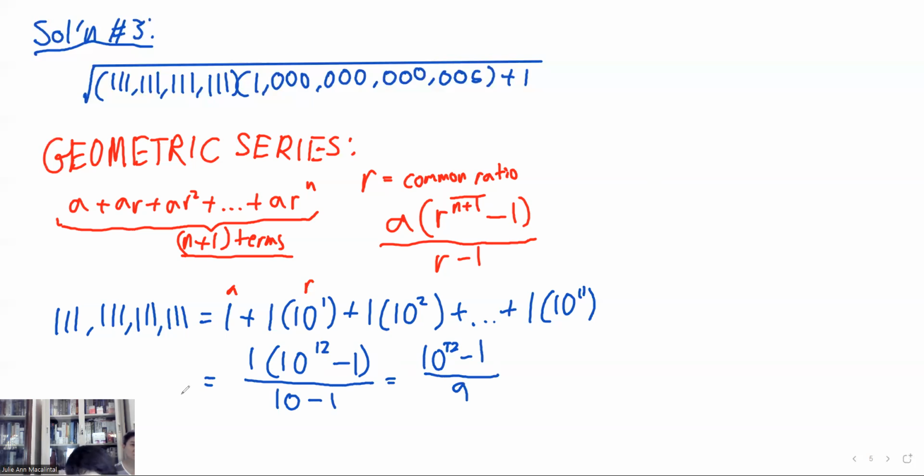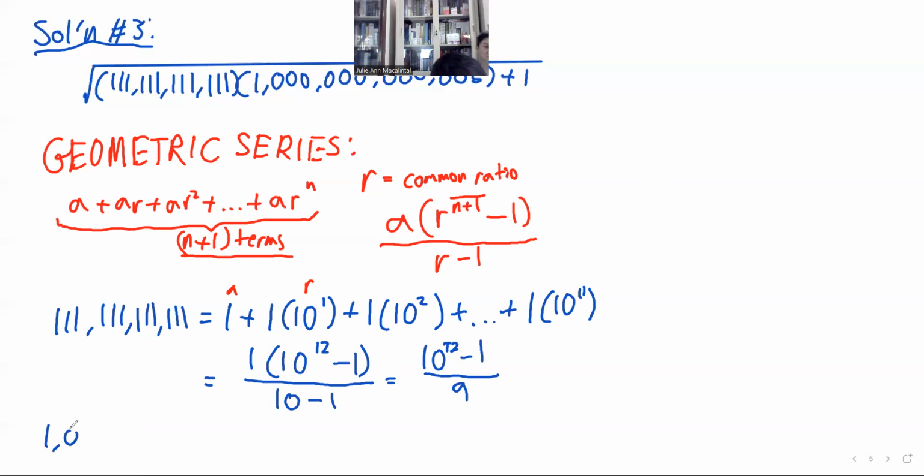For 1 trillion 5, we can simply express this as 1 trillion literally plus 5. Yes.